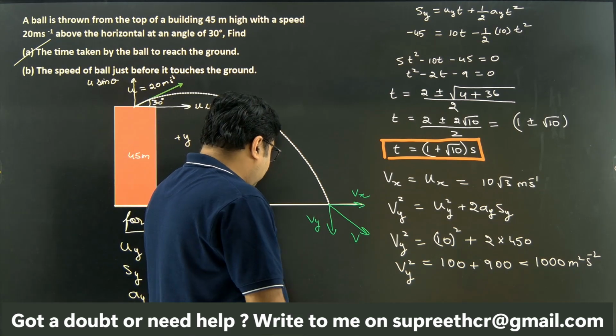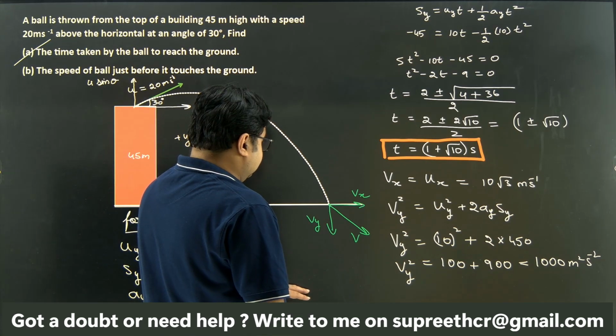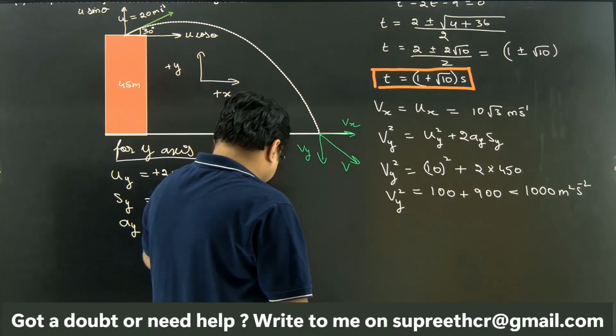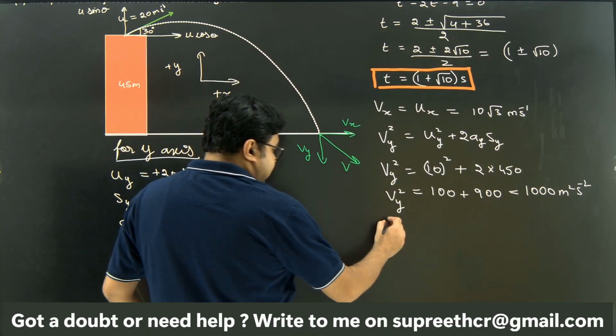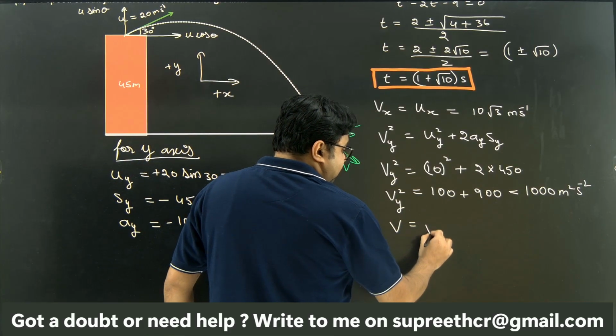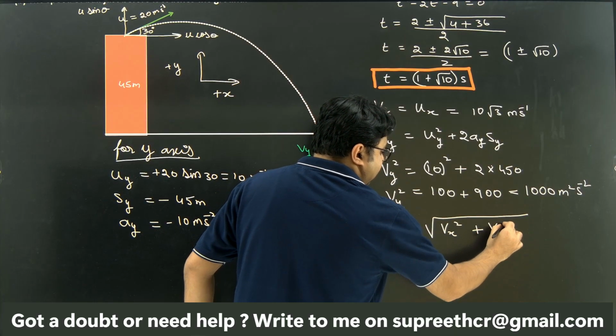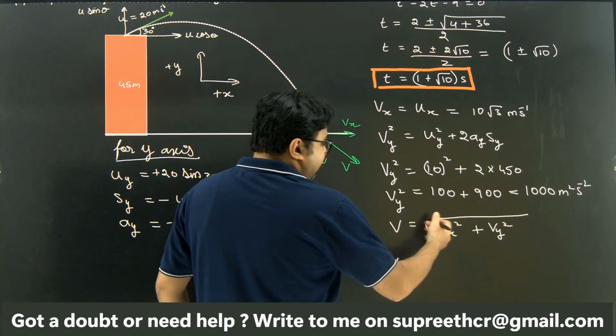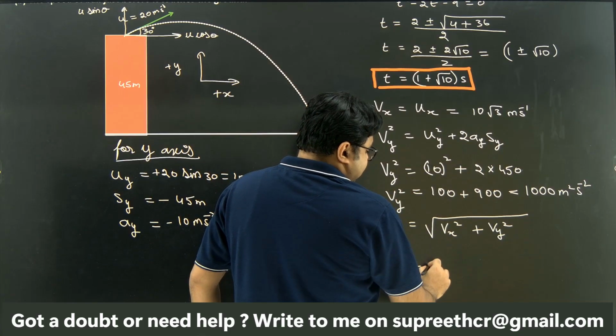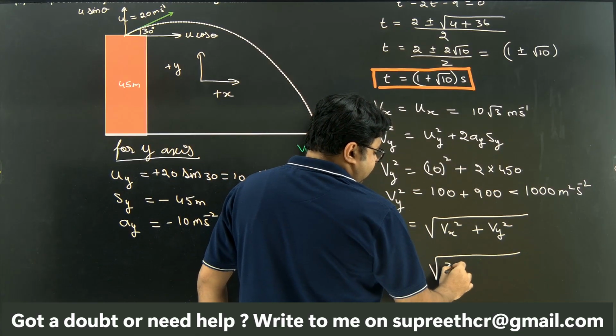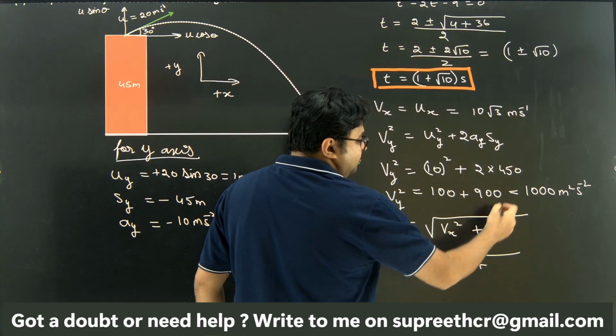Okay. And how do you find the total velocity? The total velocity can now be found like this. The total velocity V would simply be equal to root of Vx square plus Vy square. That is the total velocity. Vx square, dear friends, is 10 root 3 the whole square, which is going to be 300, plus Vy square.